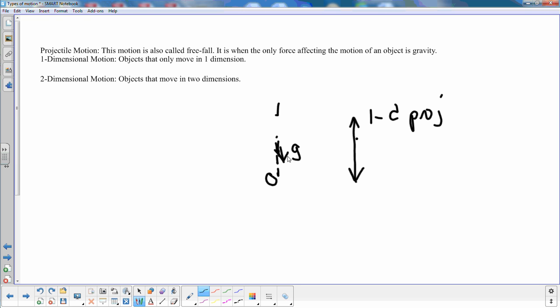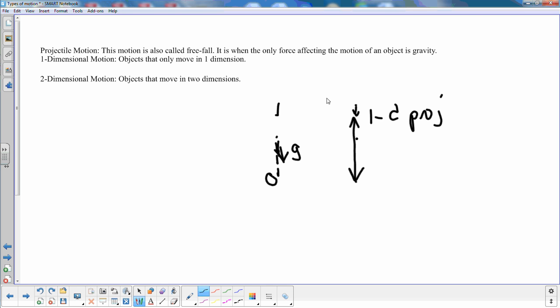So you've got a couple of things going on here. Remember, acceleration is a change in velocity, a change in speed. So going up, it's slowing down. Coming down, it's speeding up. And in the middle here, you have a change in direction. So it actually satisfies all three criteria for being a change in velocity, or an accelerated motion.